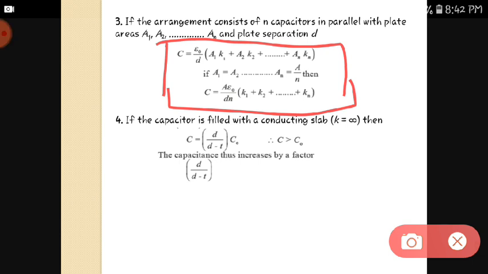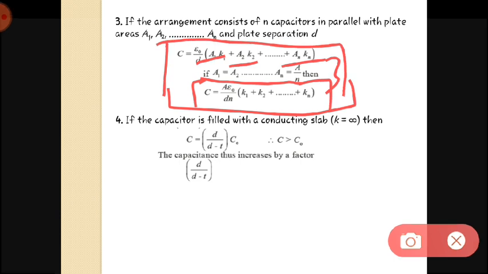A and K will keep on changing. So we can write A1 K1 plus A2 K2 up to An Kn. Now, if all are equal, then this can be written as A by N. But K will be changing, right? So you can write this. Even this can be asked in the MCQ exam. They can give you the numbers over here and you have to find out the value.